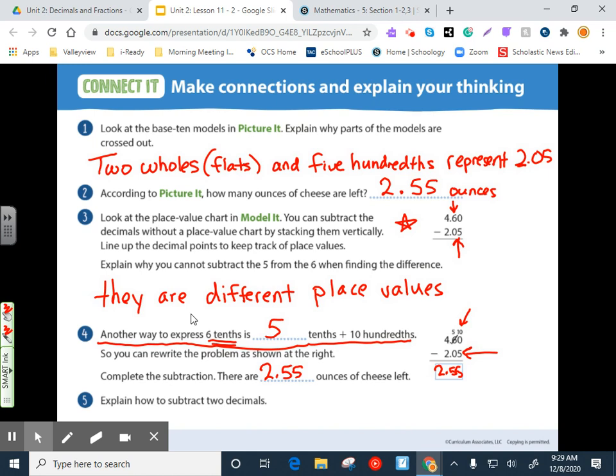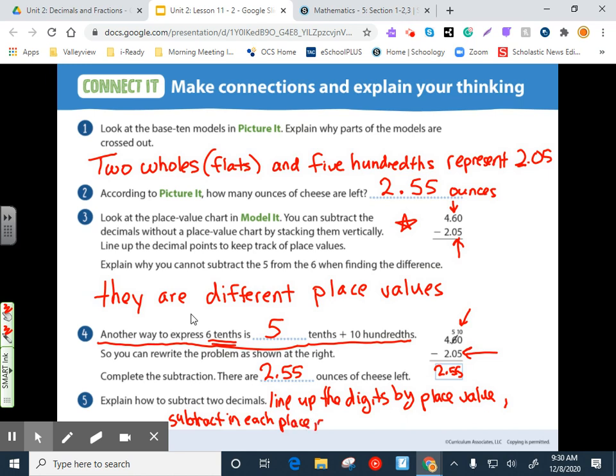And number 5, explain how to subtract 2 decimals. Line up the digits by place value. Subtract in each place. By place, I mean by their place value.